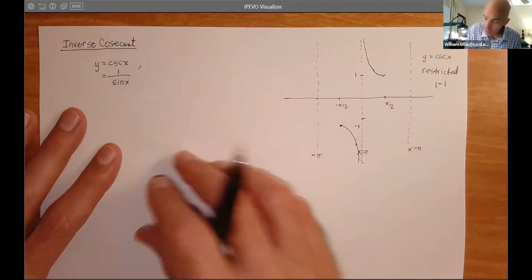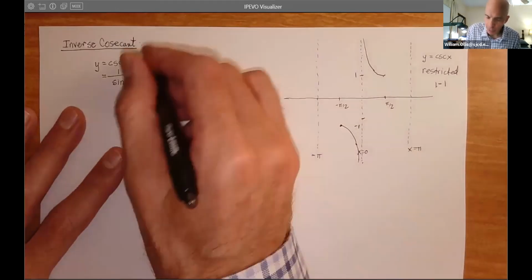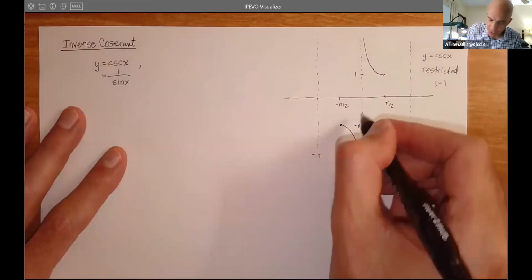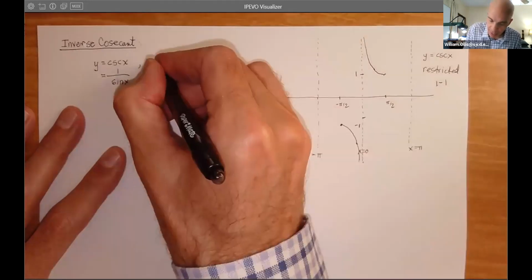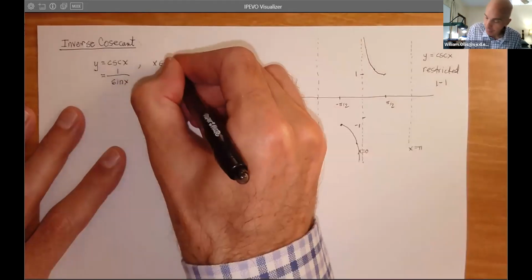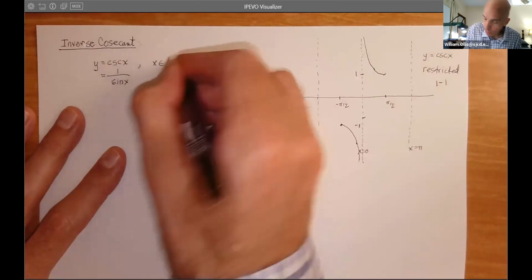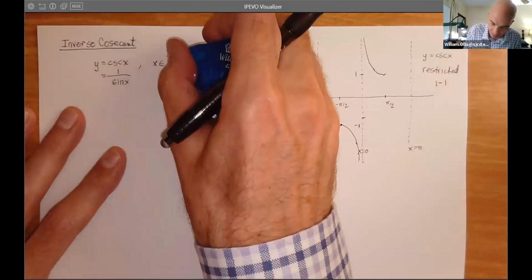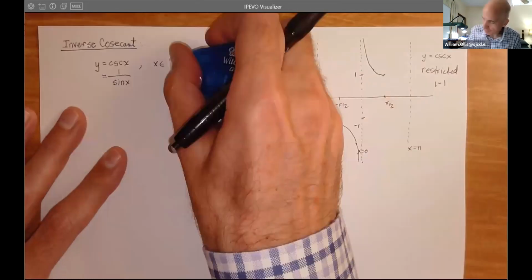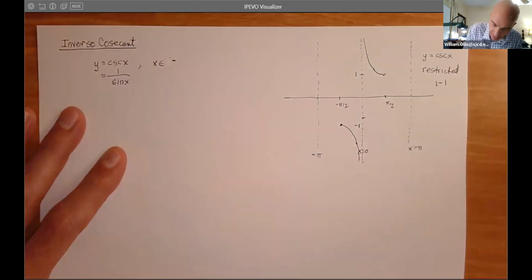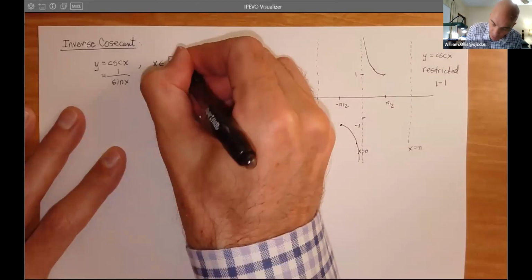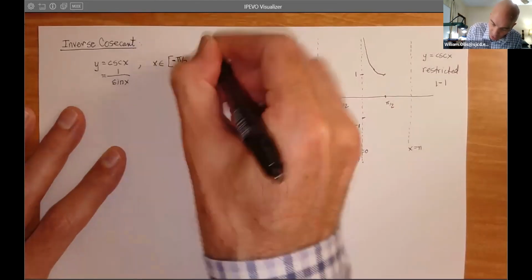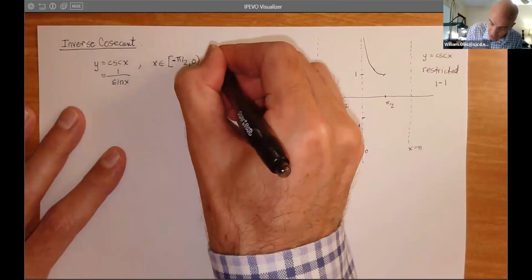So over here, I can say, well, here we go again, leave out the 0. So we say x lives between negative, well, in this case, we can use a bracket, just like the secant, negative pi over 2 to 0 union 0 to pi over 2.